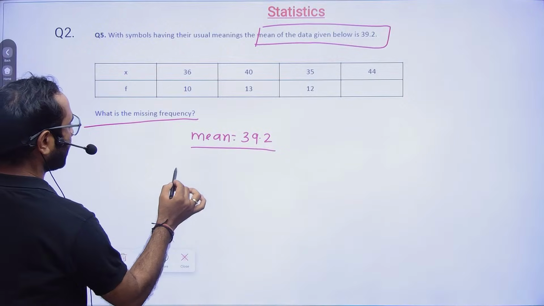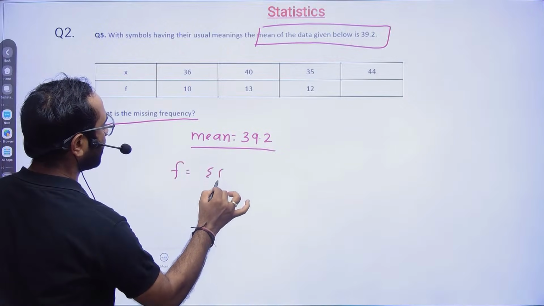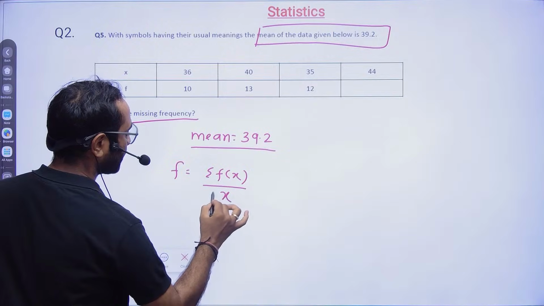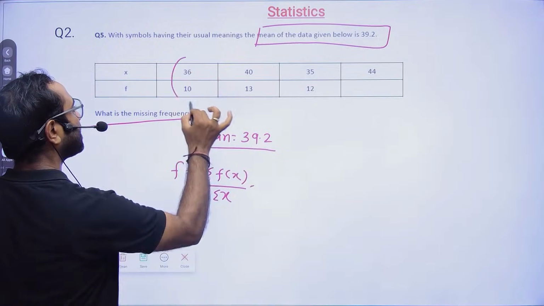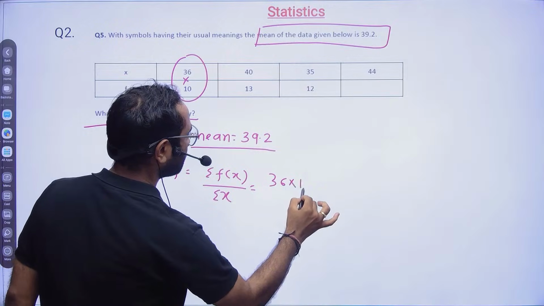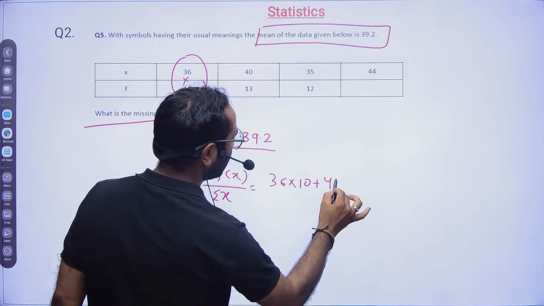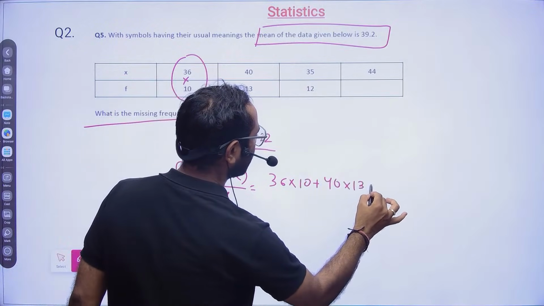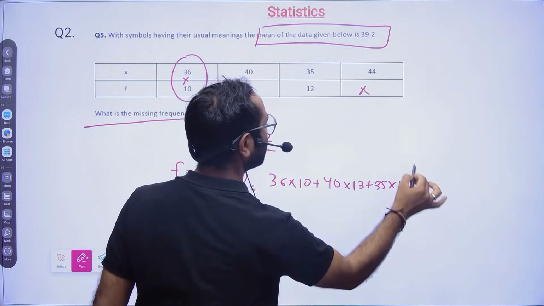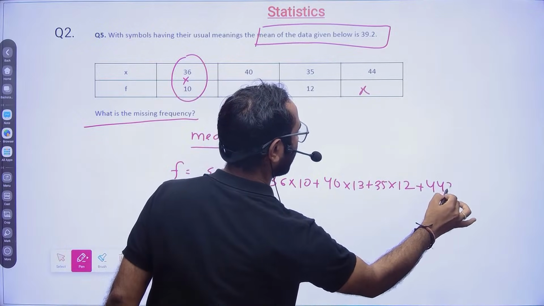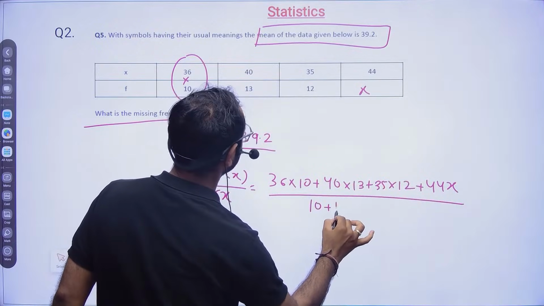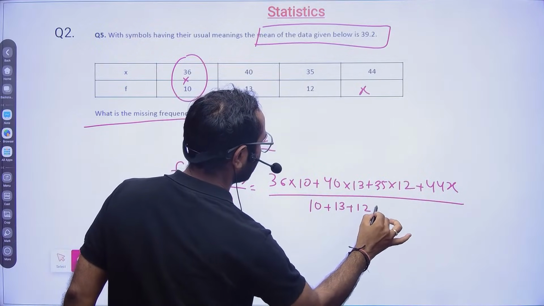So friends, the mean will be equal to sigma fx divided by sigma f. That means you multiply 36 into 10 plus 40 into 13 plus 35 into 12. Here I will assume the missing frequency as x. So 44x divided by the total, so 10 plus 13 plus 12 plus x.